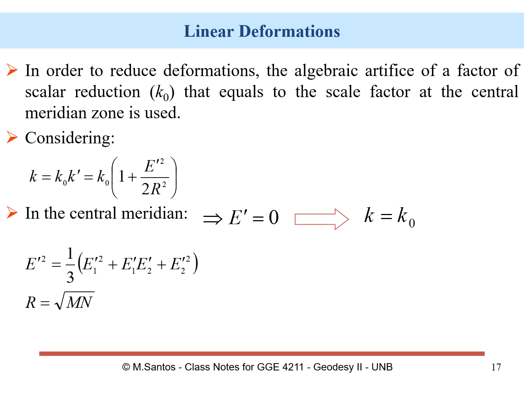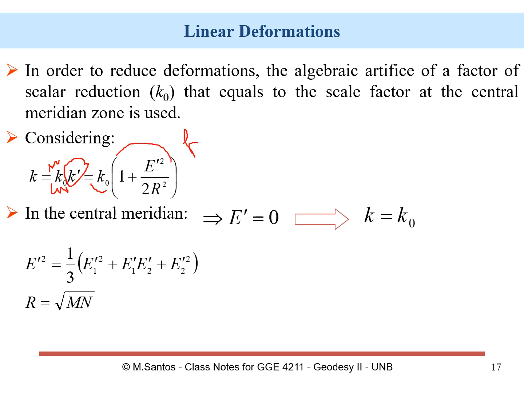If we are going to introduce the coefficient of scale reduction, what we're going to do is basically multiply the scale factor of the transverse Mercator by the coefficient of scale reduction, K sub 0. Here we have K sub 0 multiplying K prime.